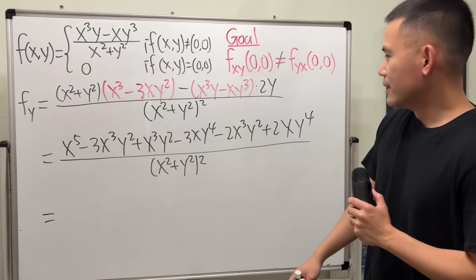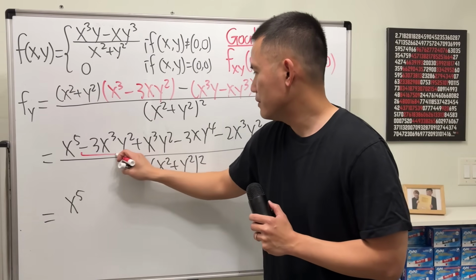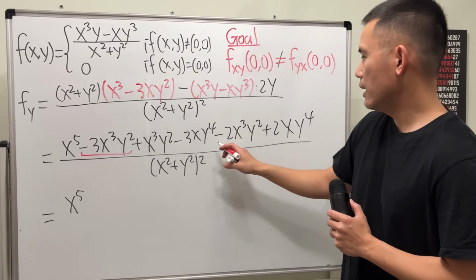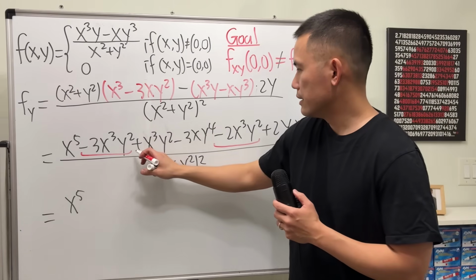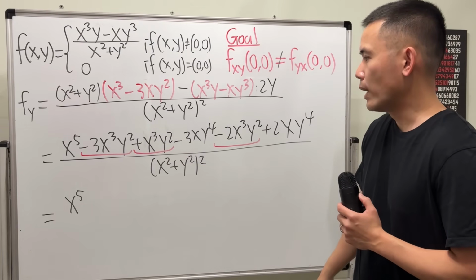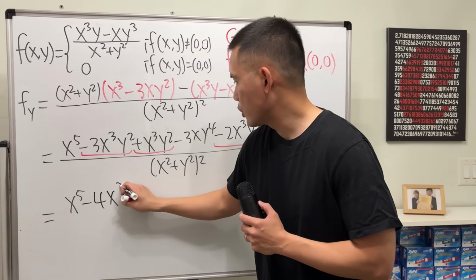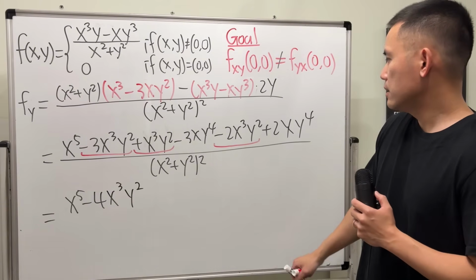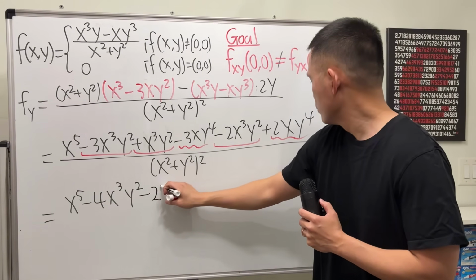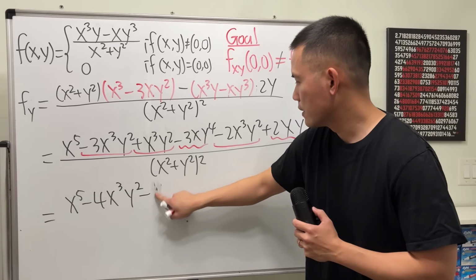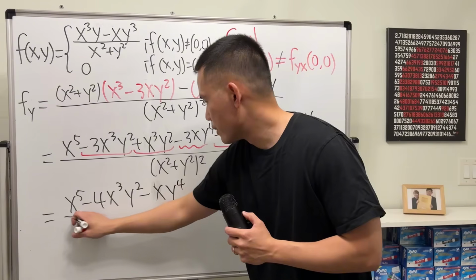Okay. So on the top here we have x to the 5th, and then this, that, and this, they all have x cubed y squared, so negative 3 plus 1, negative 2 minus 2, so it's negative 4x cubed y squared, and then lastly this and that, so that's negative 2, no, just negative x y to the 4th power over the denominator.